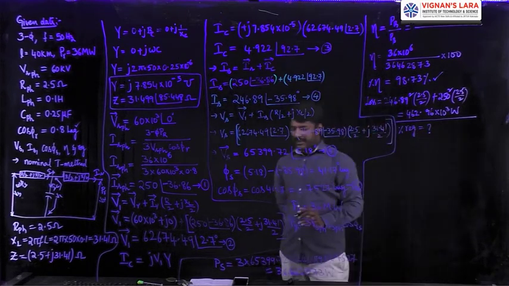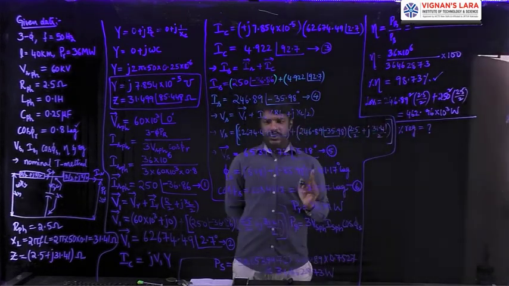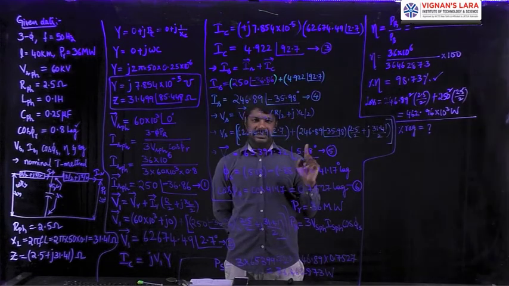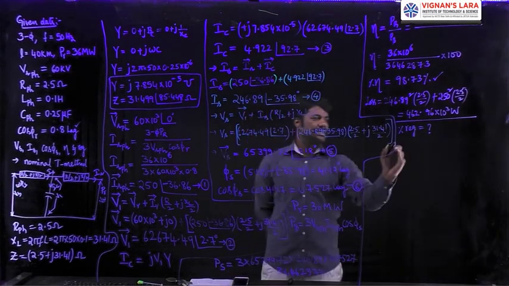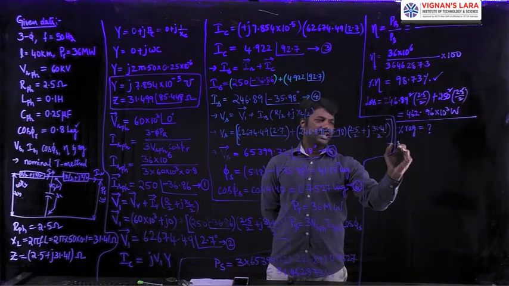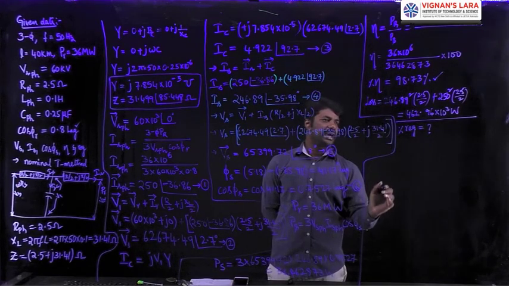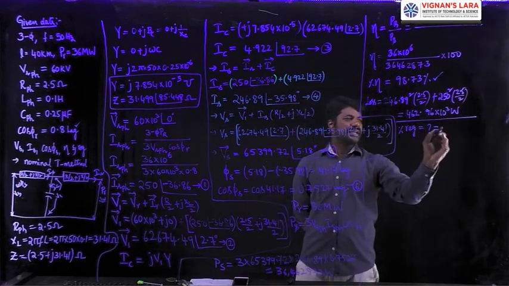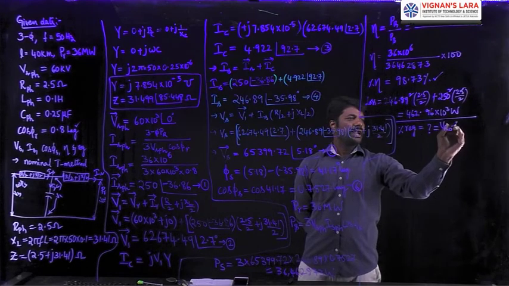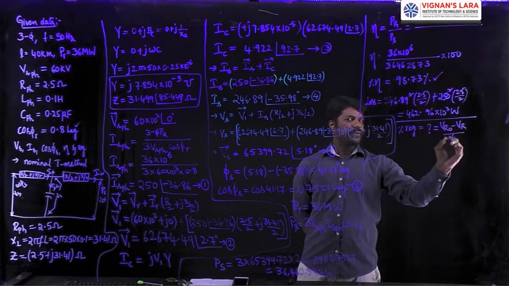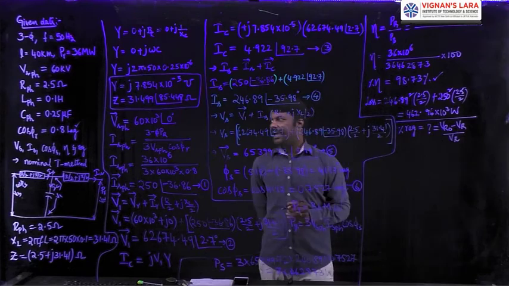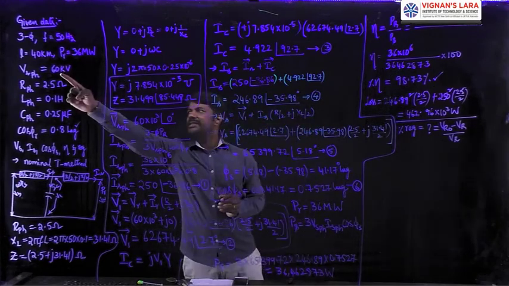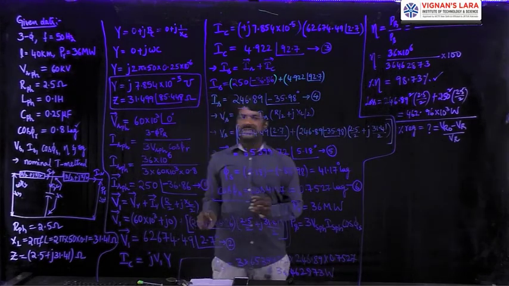Okay, so the first bit is completed and the next bit is percentage regulation. To find out the percentage regulation, we should calculate VR naught, which is the no load voltage. We are having the formula for VR naught. Percentage regulation is equal to VR naught minus VR by VR. The VR value per phase is given as 60,000 volts, 60 kV.